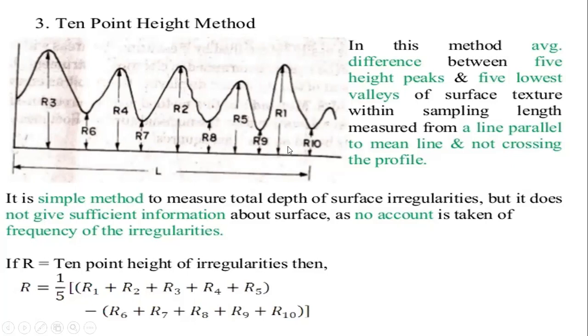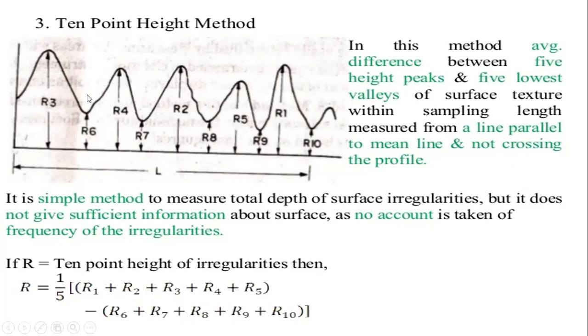So these valley points are taken from the left side of the total sampling length, and the peak heights are taken from the right side portion. These are the drawings of the 10-point height method.